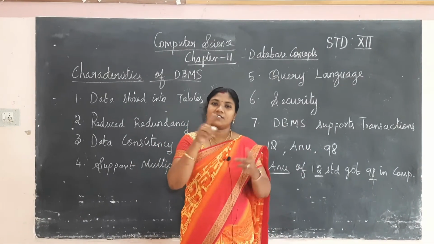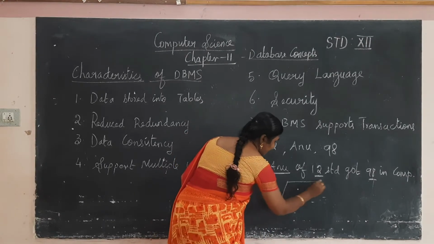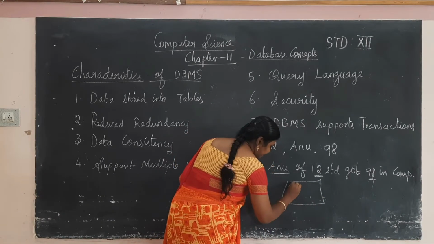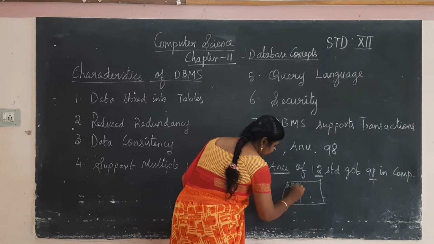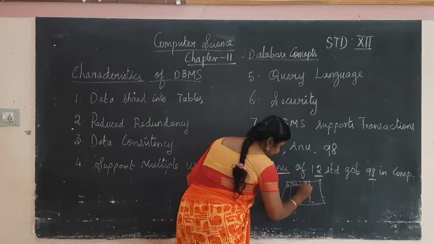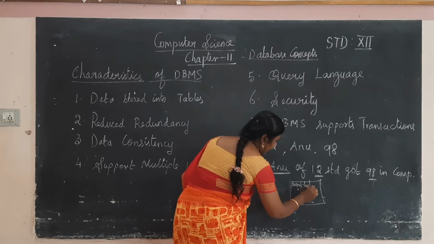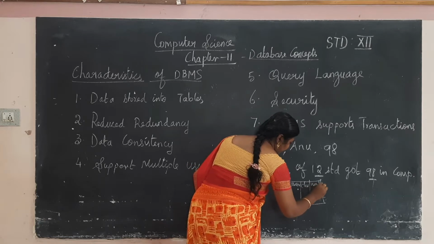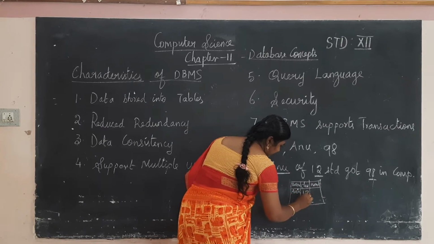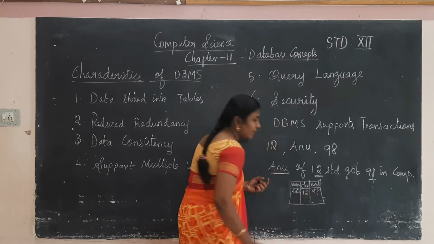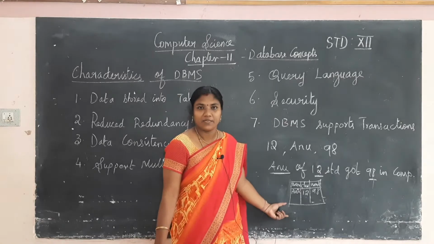When we are framing a table, suppose I am framing a table for 12th standard: serial number, then name, then class, and then mark. The same data can be represented in a table.